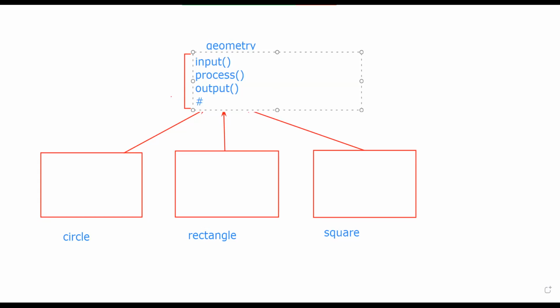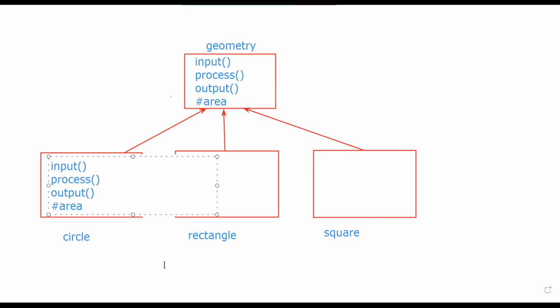What is that variable? Area. Input, process, output, all three will definitely be overridden.